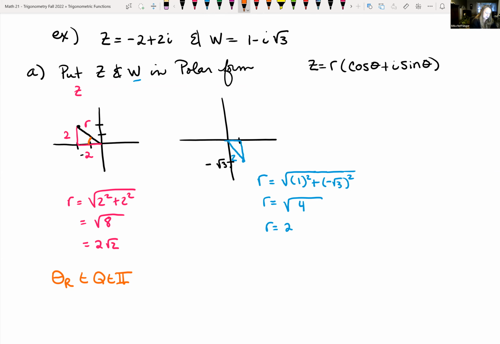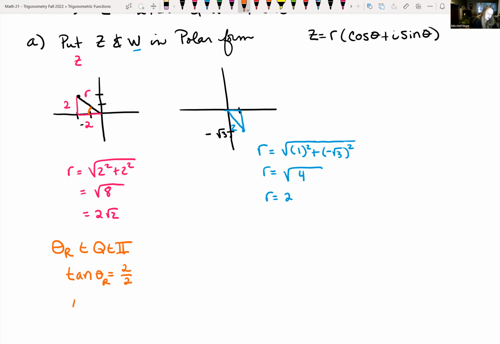We are going to look at tangent. Tangent theta is equal to opposite over adjacent. So 2 over 2, this is my reference angle. I'm thinking about what angle of tangent would give me back 1, which is 45 degrees.